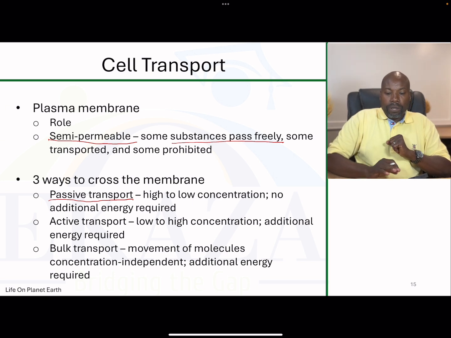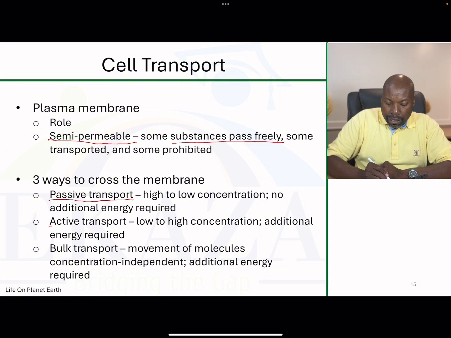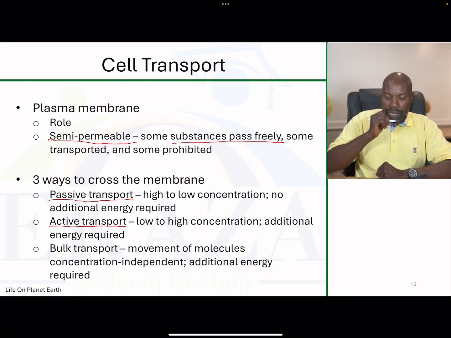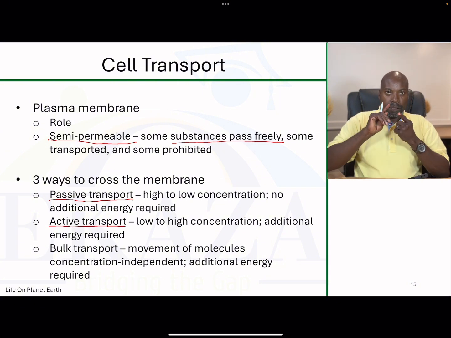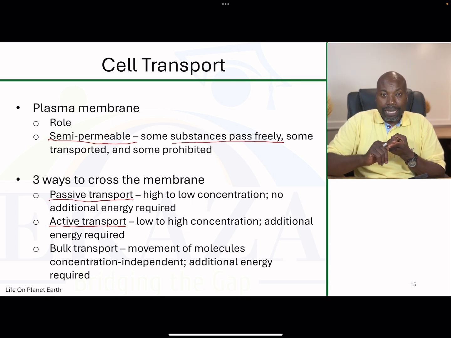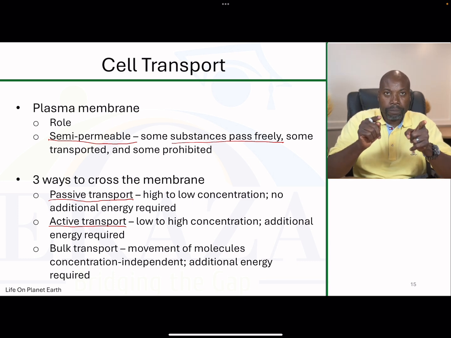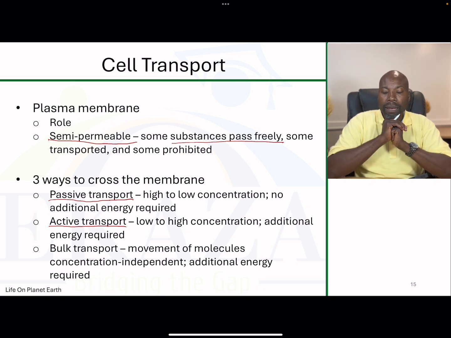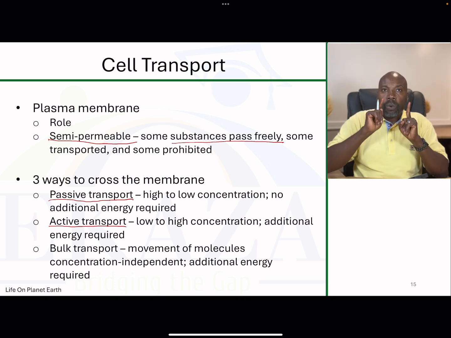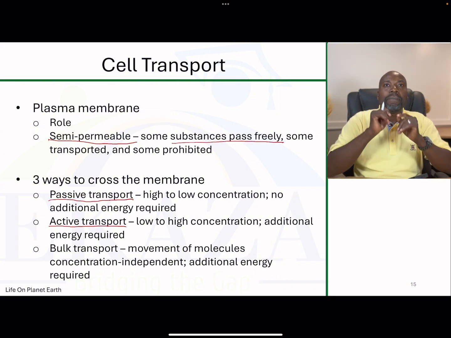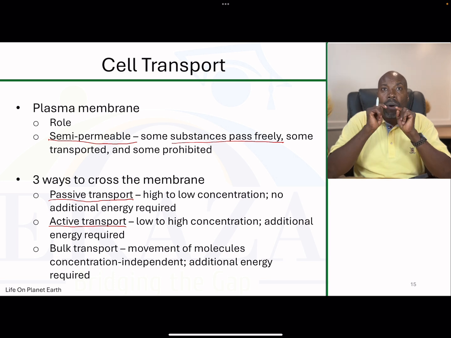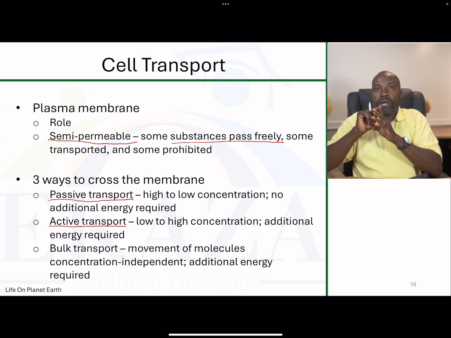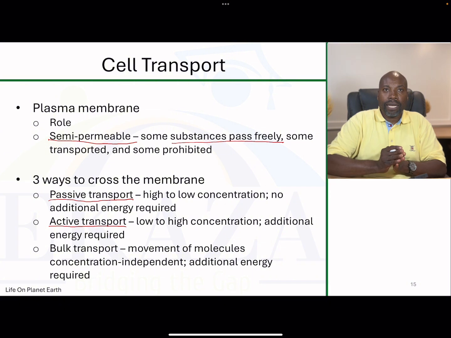The second type of movement is going to be the active transport. In the case of the active transport, first and foremost, you want to know that active transport costs energy. There is no active transport without energy. Remember that. Two, the second thing I want you to remember is that active transport requires a transport protein embedded in the plasma membrane. Let me repeat that. An active transport requires a transport protein to be embedded in the plasma membrane.